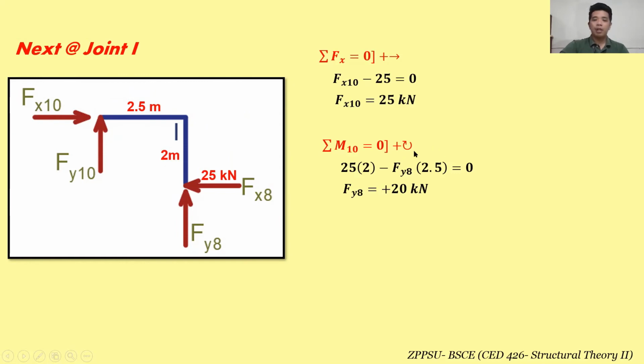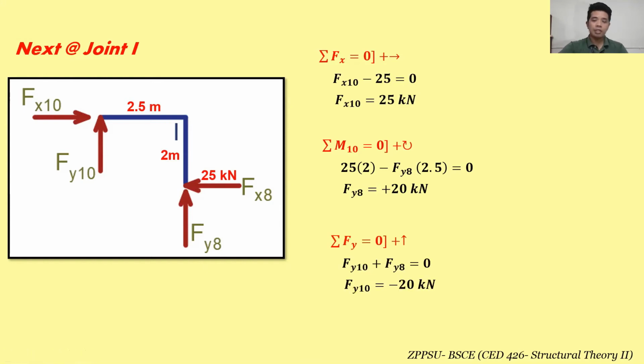All clockwise rotation will be positive. So, itong 25, iikot siya ng clockwise with a perpendicular distance of 2 meters. So, 25 times 2 minus Fy8, it will rotate counterclockwise, kaya negative siya, all equal to 0. So, Fy8 is simply equal to 20 kilonewtons.